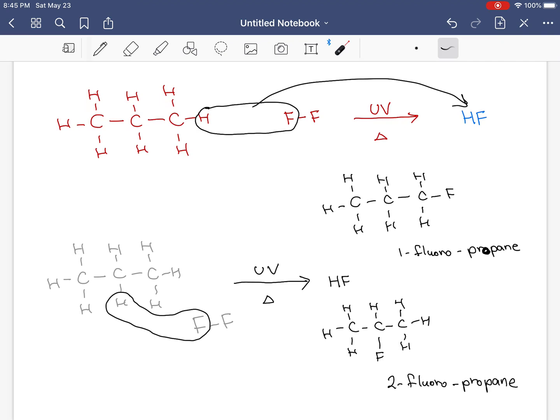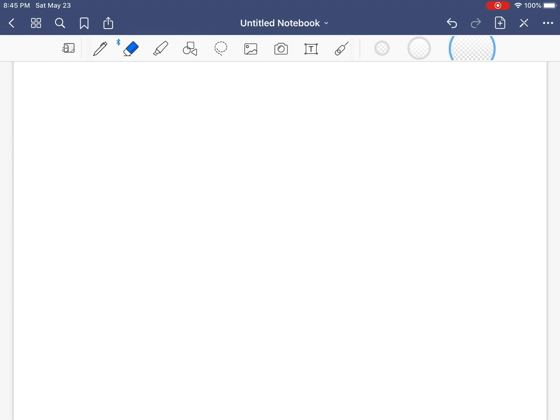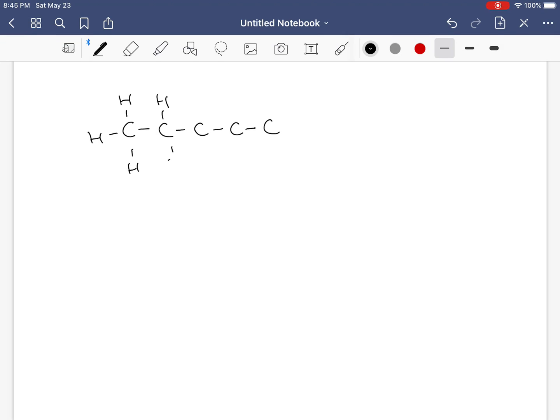All right, so I have a question for you. I want you to do this for homework. Let's clear the screen. Okay. I'm going to give you this. Yeah, I'll give it to you in structural formula, even though I don't like structural formula.